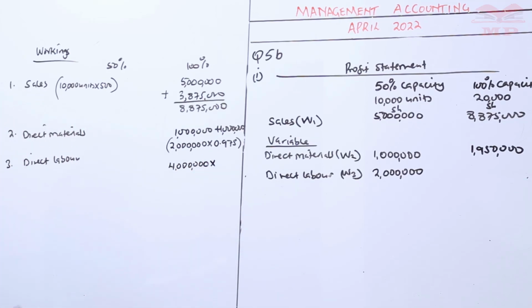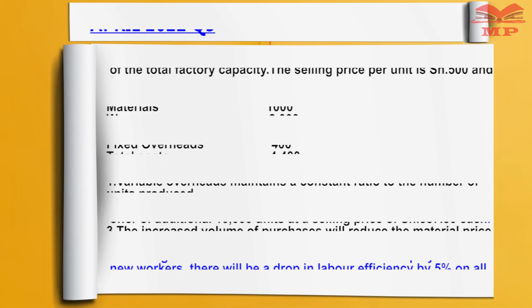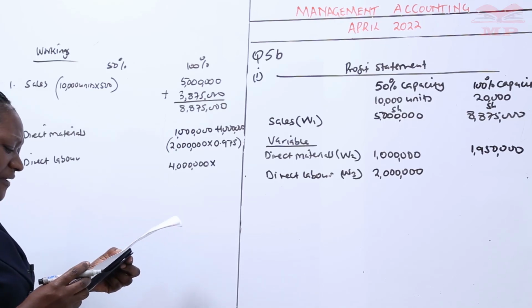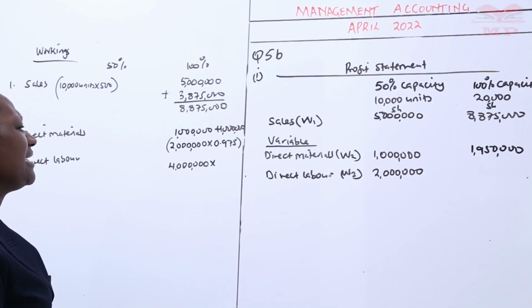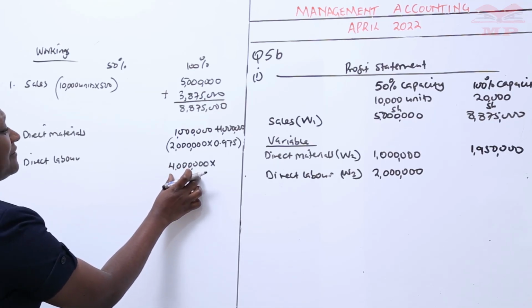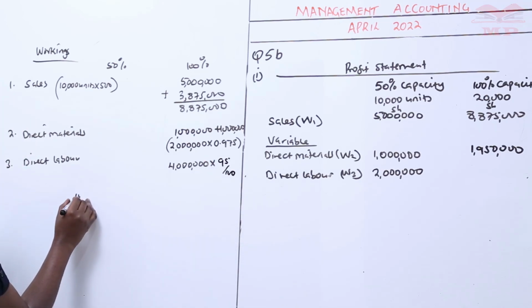But note number 4. We are told that the wage rates will remain constant, but due to employment of new workers, there will be a drop in labor efficiency by 5% on production. So this 4 million will represent 95%. Then what about 100?